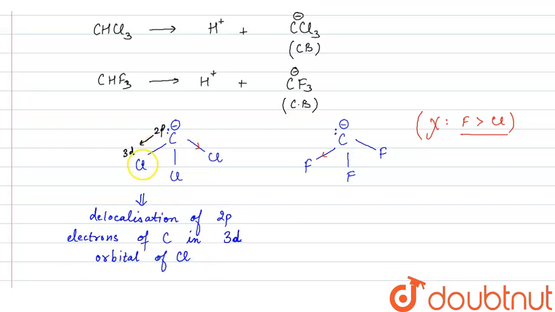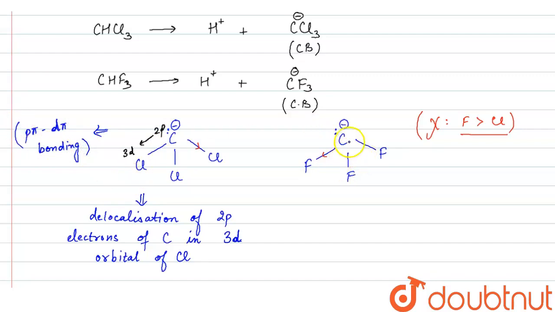All these three chlorines have vacant 3d orbitals, so carbon can donate this lone pair to the d orbitals of chlorine. This type of bonding is known as p pi d pi bonding.